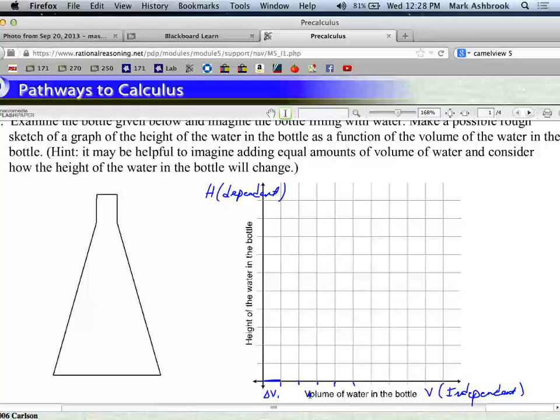So as V increases from 0 to 10 milliliters, the first question is, what does the height do? Increase, decrease, stay the same? It increases. It better increase, right? As we put some volume in there, the height's going to increase. And then, a lot or a little? Just a little bit.